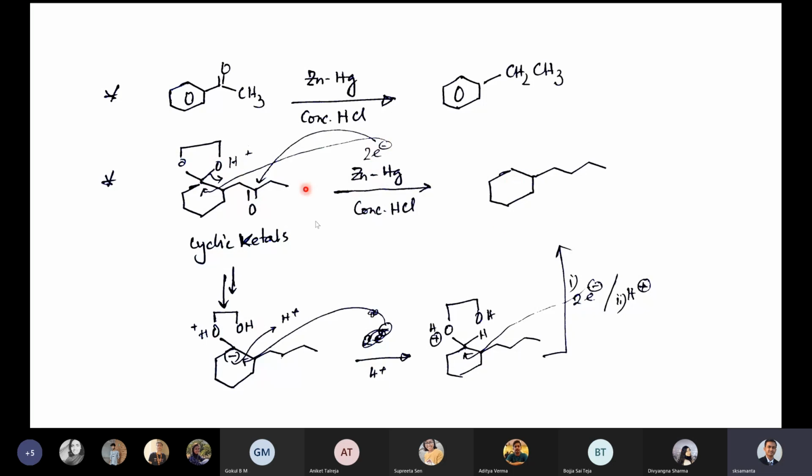You can think of this mechanism, or else you can also think of a mechanism that this is present in concentrated HCl medium. If there is water or moisture, then this ketal will first be hydrolyzed and followed by reduction of the carbonyl carbon. Both are actually okay.